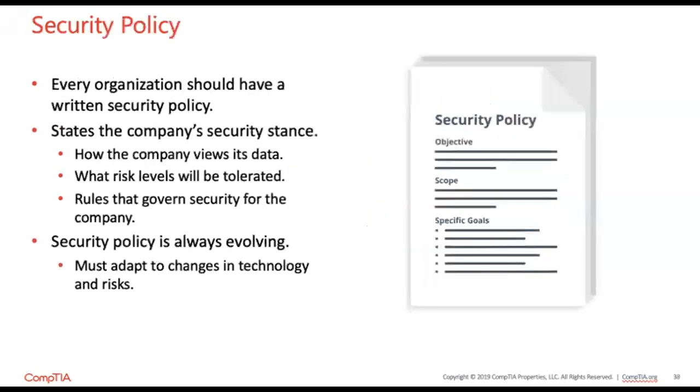Now, when we're looking at security policies, it's great because it allows the individual to articulate an organization's security posture and to set deadlines for action. When we're looking at the components, there are three parts.